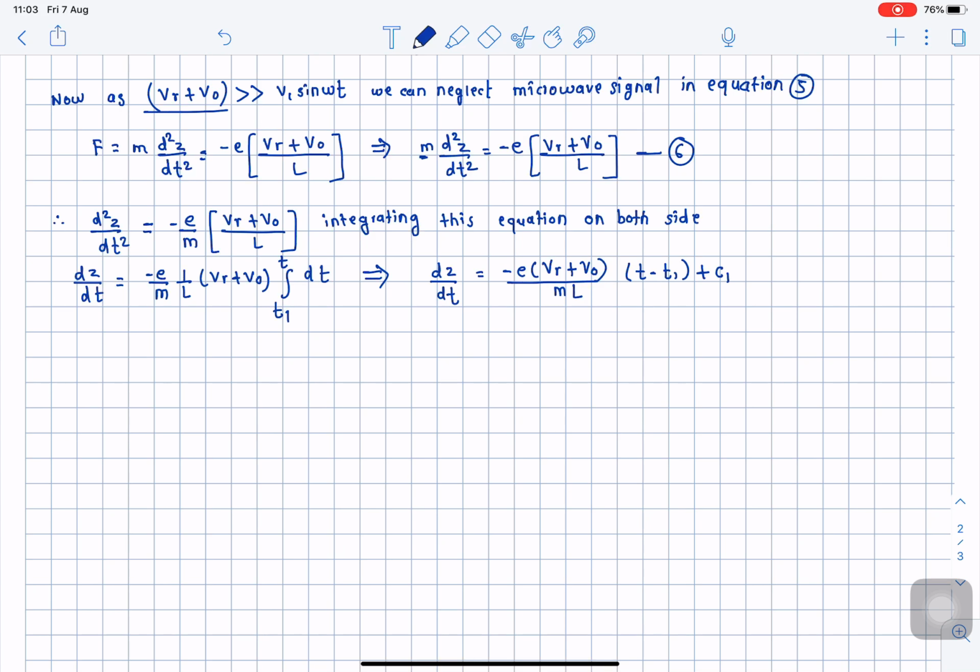Let us call this equation number 7. So when I integrate equation number 6, I get equation number 7 with a certain constant c1.